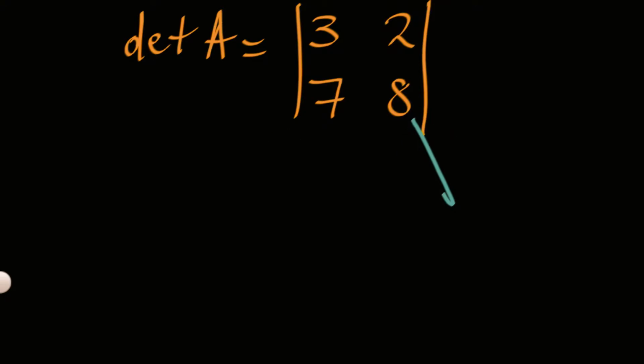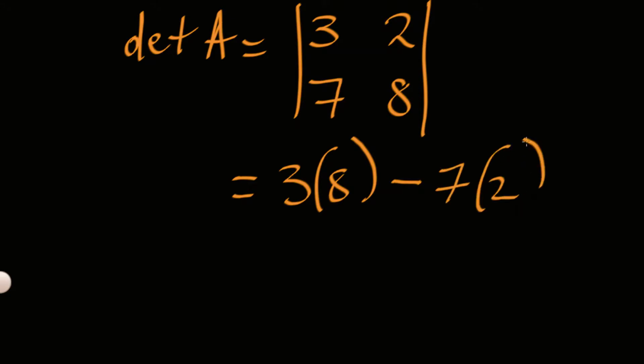Now, if we need our determinant, we multiply 3 by 8, subtract 7 by 2. That's it. People make the mistake of confusing the major diagonal and the minor diagonal. Don't make that mistake. Once you have this, you punch in your calculator, you get an answer.